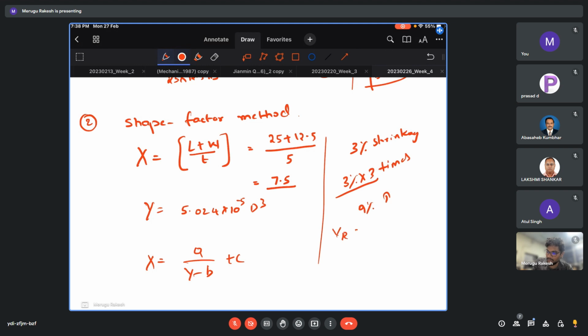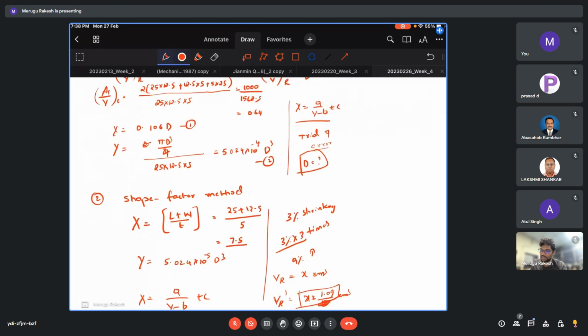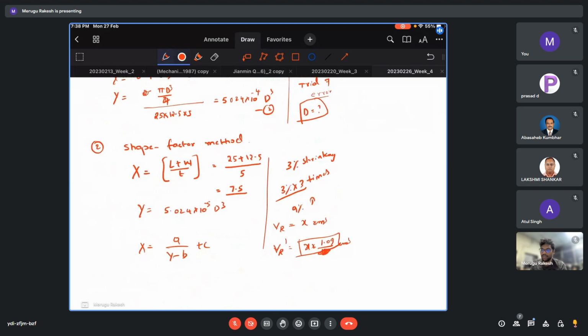So if we get the volume of riser, say X centimeter cube, the actual volume, that is V prime, is X into 1.09 centimeter cube. This is the actual volume considering the solidification shrinkage as well. Okay, so this is how we need to solve for this Keynes method as well as the shape factor method.